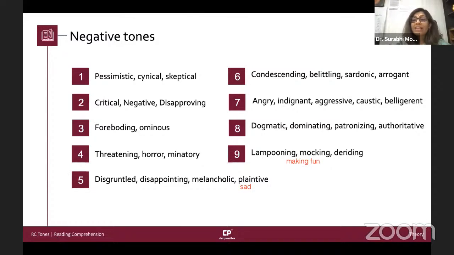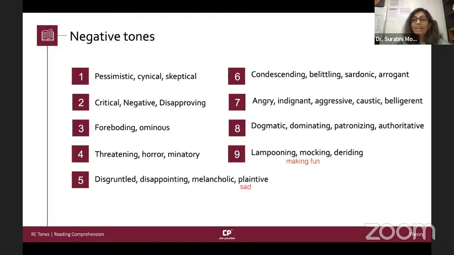So from the list of negative tones, you are likely to see a lot of questions or a lot of passages. Frequently asked tones are pessimistic or cynical or condescending. Very rarely do you see maybe even angry. That can be a keyword in the tone.